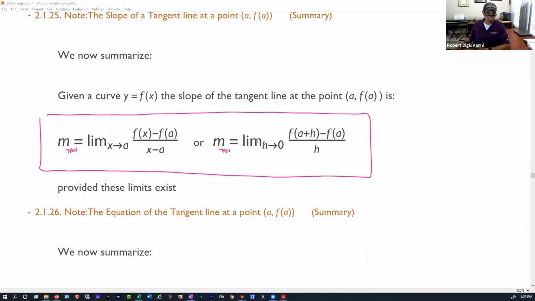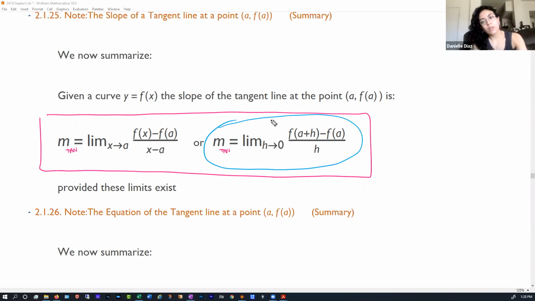I would recommend that you do not marry yourself to one of these. Be free to use both. But to be completely honest with you, the one that we are going to move ahead in the class with and spend more time with is going to be that one. But like I said, the algebra is different when you use these formulas.